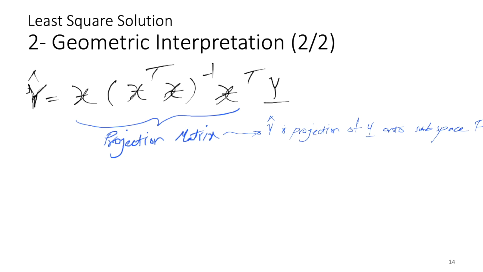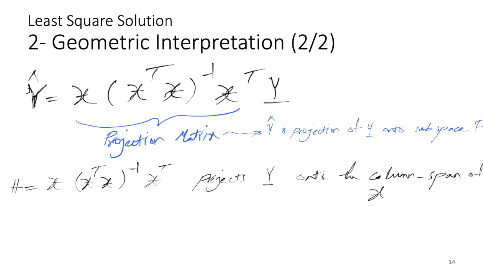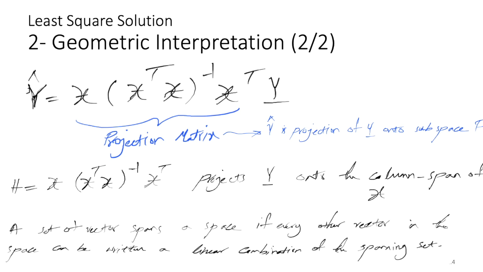So y hat, as I mentioned, is a projection of y onto subspace P in a geometrical interpretation. And then we can call it the final hypothesis. So this H projects y onto the column span of X.